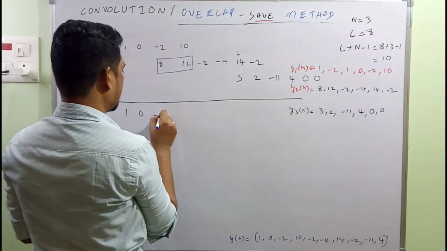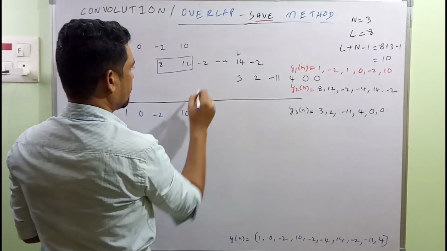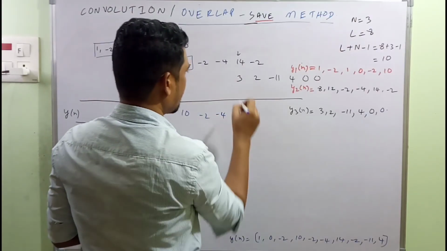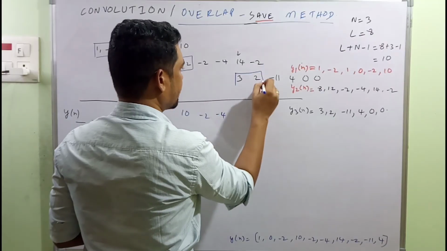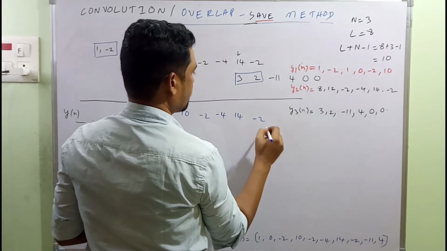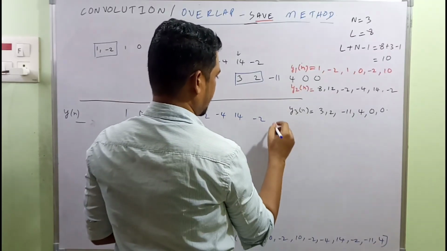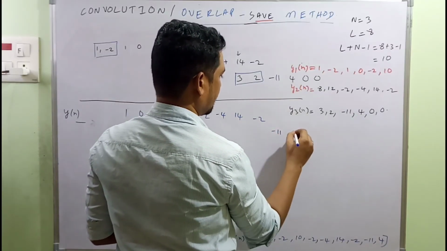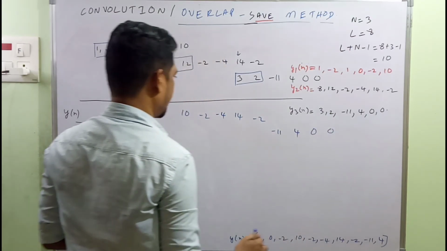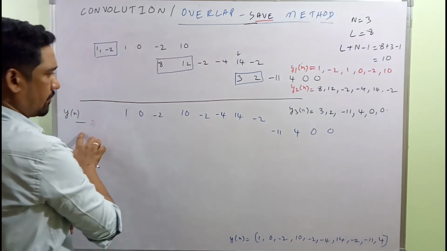It's -2 10, and -2 -4 comes down as it is, and even these 2 are discarded from this sequence, so we'll have 14 -2, and this comes down as it is, okay? This -11 4 and 0 and 0, right? So this is the final y of n.